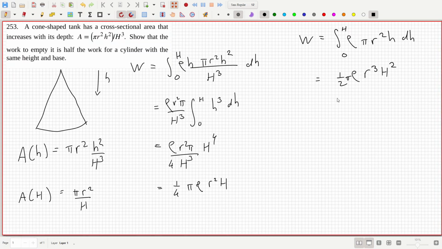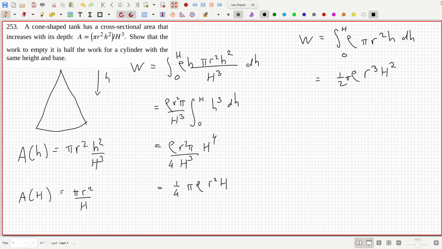Show that the work to empty it is half the work for a cylinder with the same height and base. I mean, that is half, but not for the r h part though.